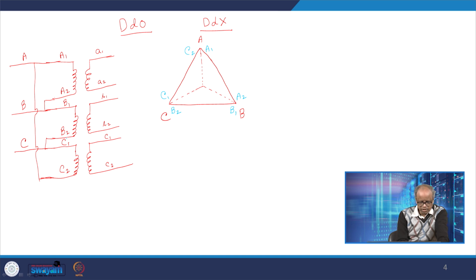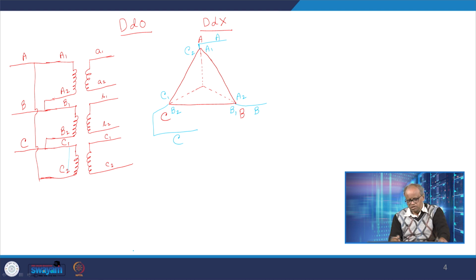The interconnection of B2 and C1 is denoted as phase C, and the interconnection of A1 and C2 is denoted as phase A. So we say that this is phase B, this is phase A, and this is phase C. So C, B, A.